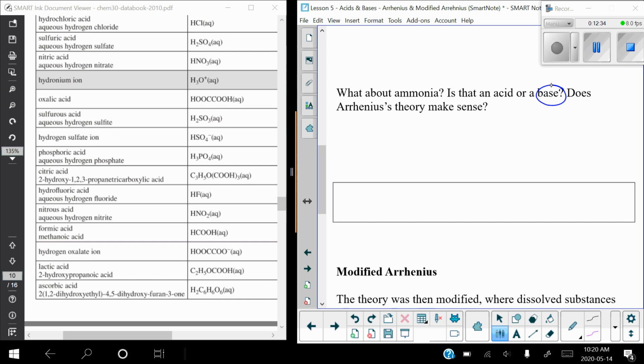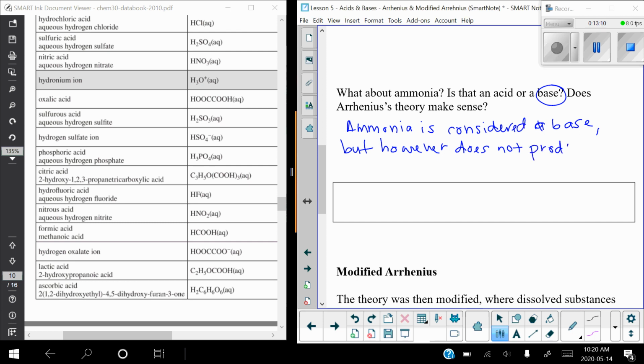So basically, ammonia is considered a base, however, it does not produce OH minus.